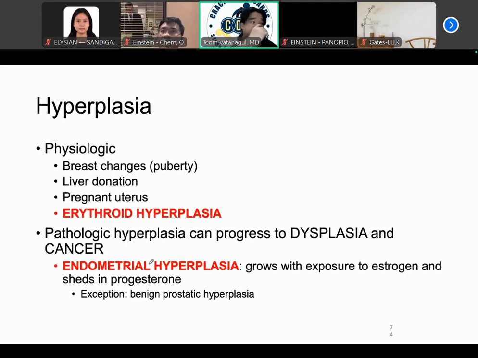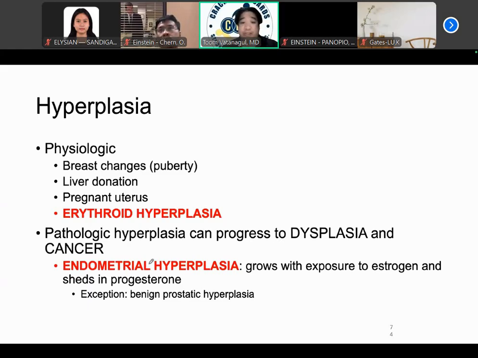Now, under hyperplasia, this is lifted from your book. We have physiologic and we have pathologic hyperplasia. Now be careful, because it is the pathologic hyperplasia which can progress to dysplasia.